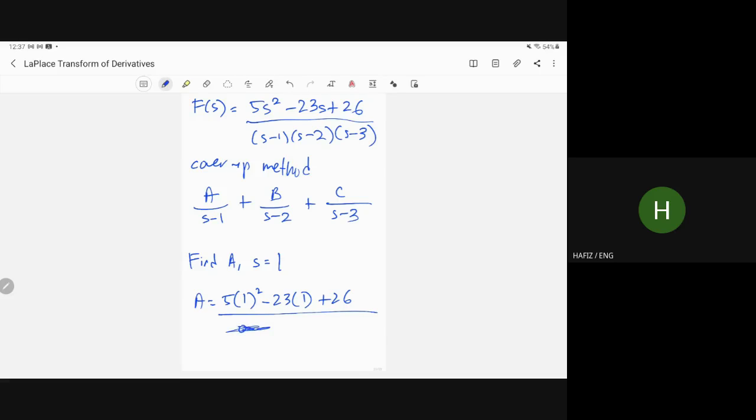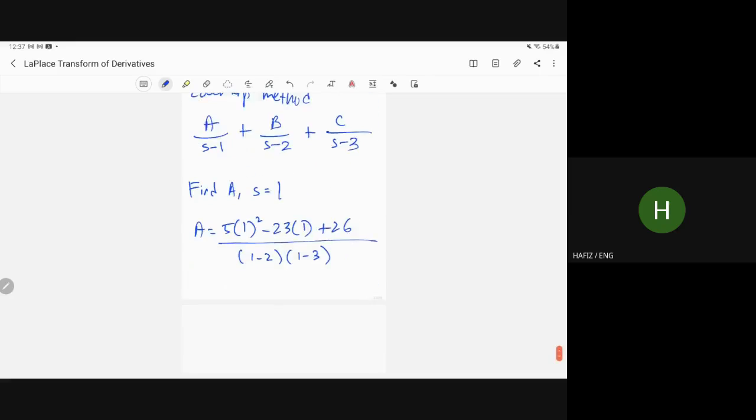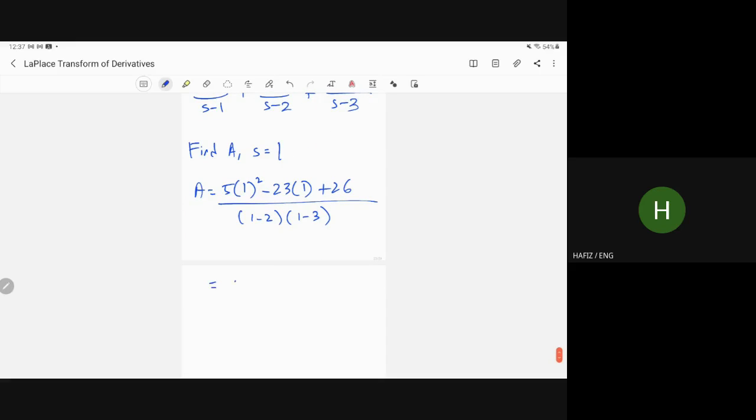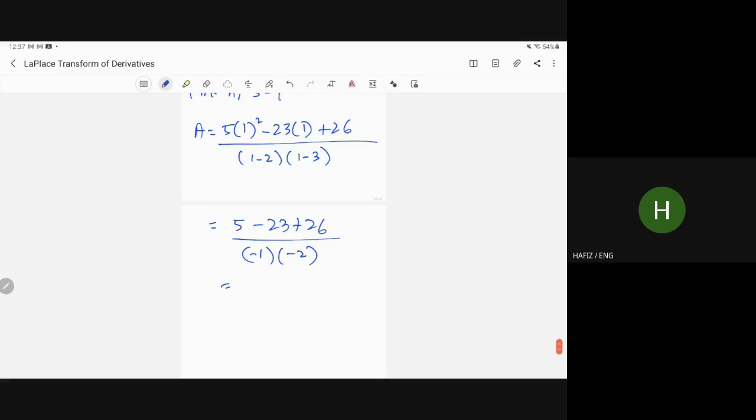So we have s minus 1, you cover up. So you have 1 minus 2 and 1 minus 3. So we have 5 minus 23 plus 26 over minus 1 and minus 2. So that's minus 18 plus 26, 8 over 2, which is 4.